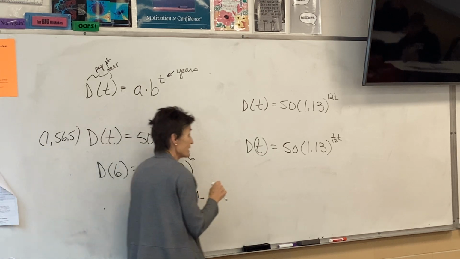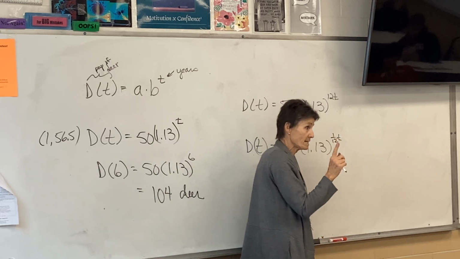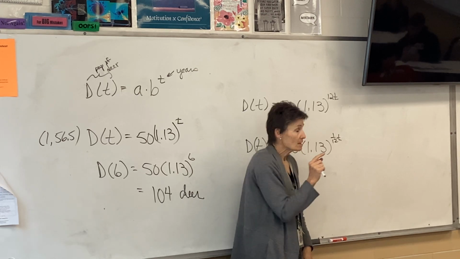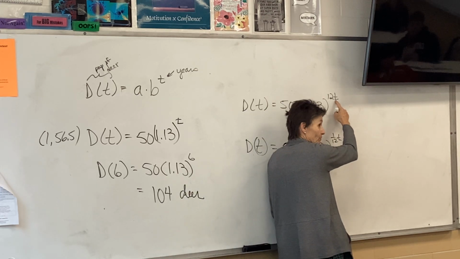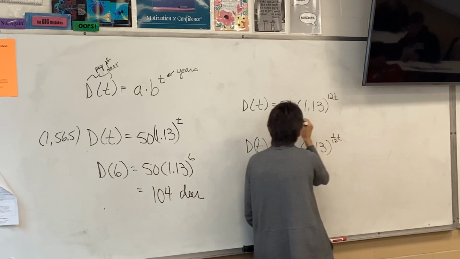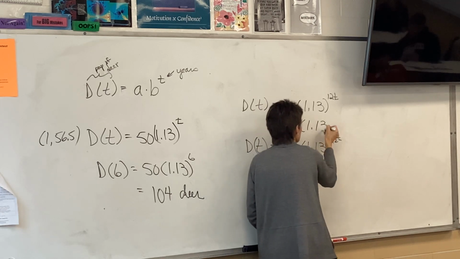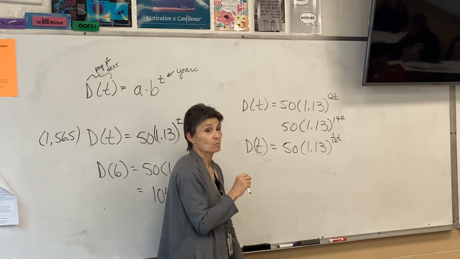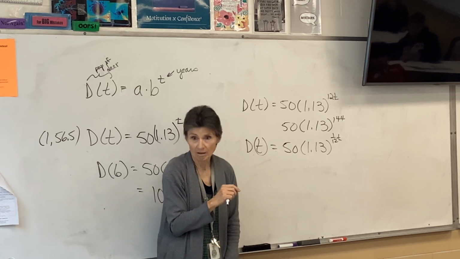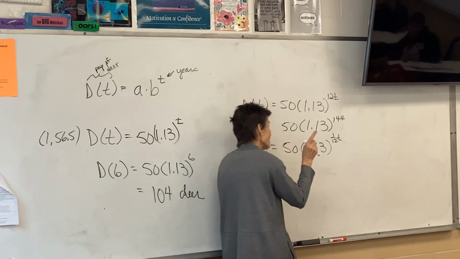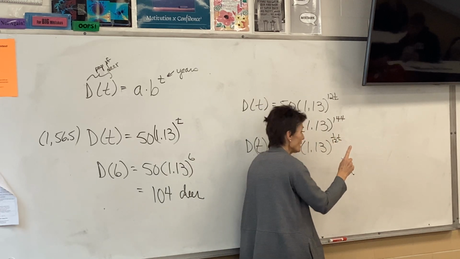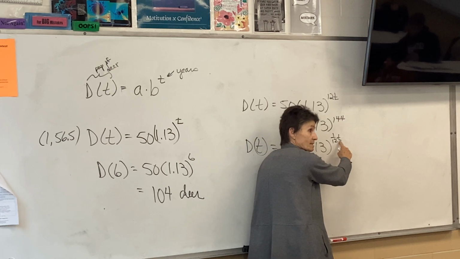So if I come over here and wait 1 year, but T is measured in months, then T would have to be 12, right? And what's going to happen is I'm going to have this many deer after 1 year. Is that what I want? That's way too many deer. If I go with Raina's idea and say I'm going to wait 1 year, that would be 12 months.